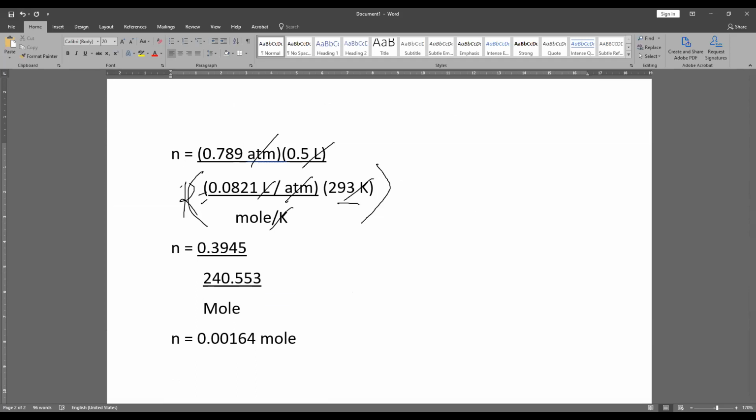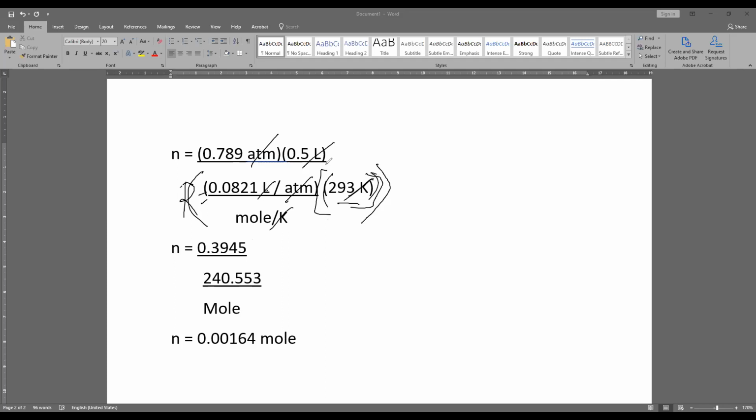Let me start the annotation. This is the R, correct? Yes, the value of R. And this is your temperature, correct? This is a separate one. Okay. So what we did was we actually multiply. This is multiplication, correct? We need to multiply the value of R, which is 0.0821, to 293 Kelvin.